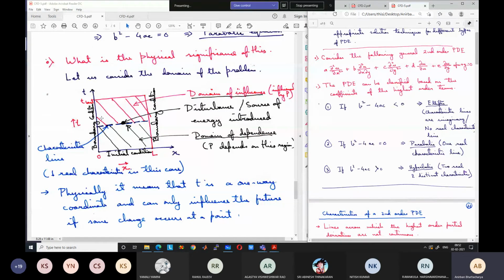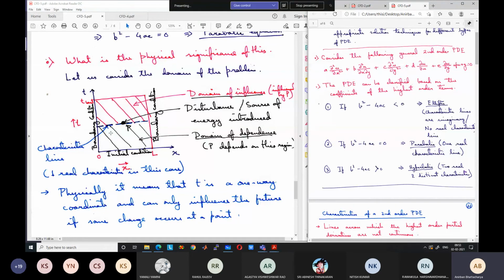So the change can be felt along the entire x direction, going from x equal to 0 to L. But for the time direction, it can be felt only starting from the location of the point onwards. So if I draw a horizontal line through this point, it demarcates a discontinuity.